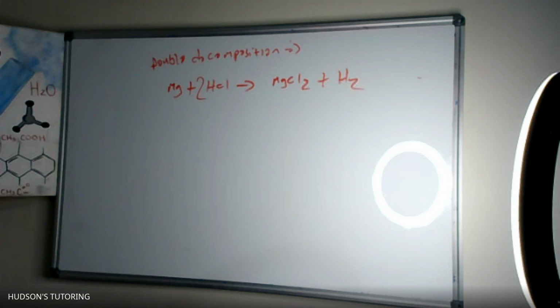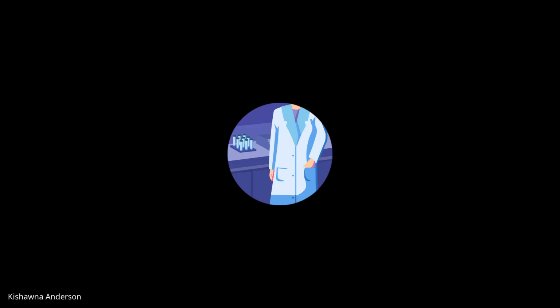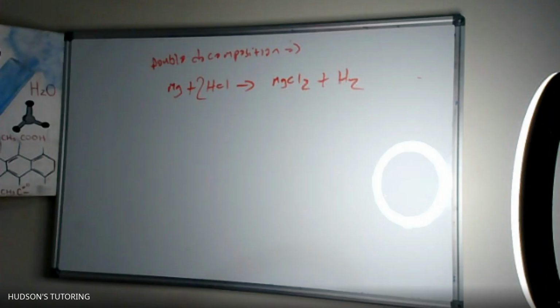Are you having a problem understanding what I'm saying when I talk? I'm seeing somebody saying something in the group. I'm not sure if it's me. Anybody? Yes, Kishana, go ahead. Sir, can you repeat the last sentence you said? All right, I was saying that all hydroxides are insoluble except for sodium, potassium, and ammonium.